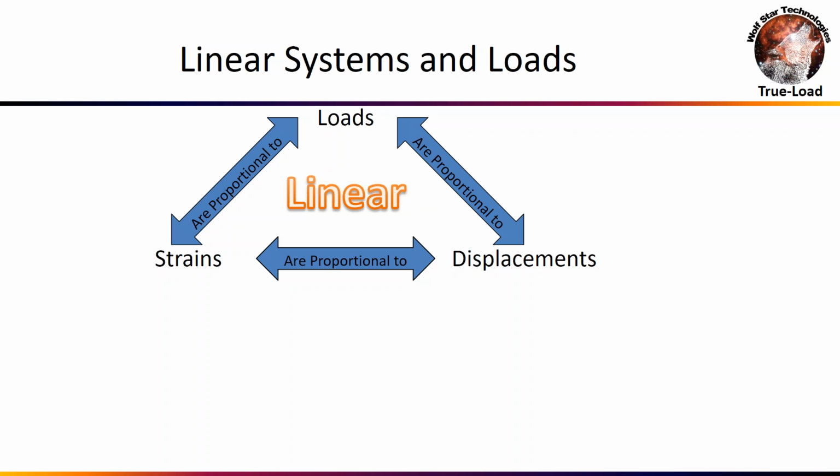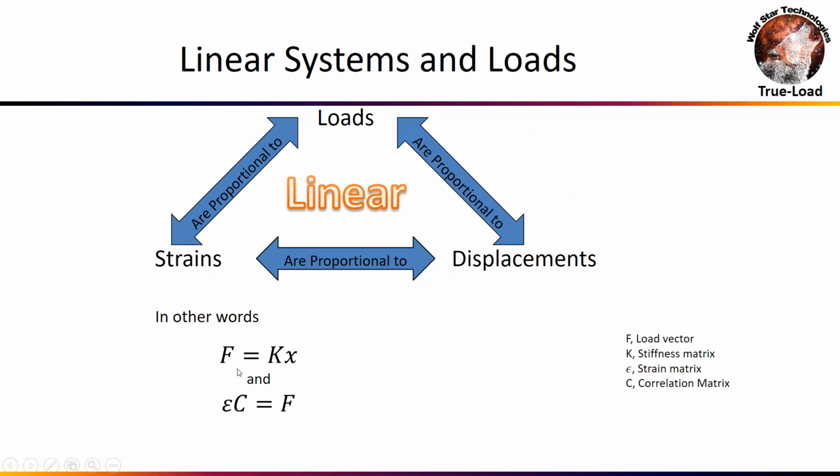Now we can take this diagram and turn it into a couple of equations. The first equation, for the right-hand side, is F equals Kx. That's Hooke's law. If Hooke's law applies to your structure, then the left-hand side, which is strain times the correlation matrix, is equal to load, basically the strain corollary of Hooke's law.